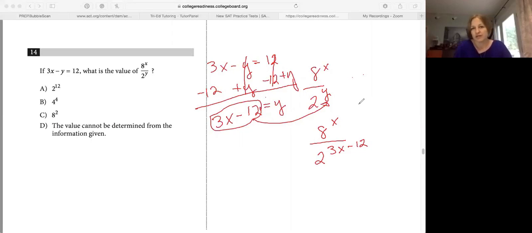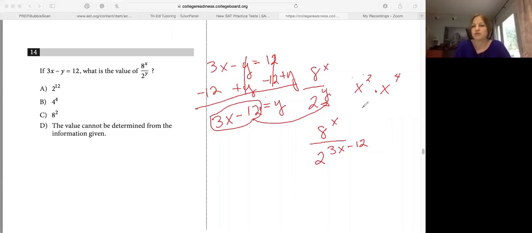And this is where using algebra can get a little bit tricky. Thinking back to your exponent rules, if I said I had x squared times x to the 4th, what do I do with those exponents when I'm multiplying?